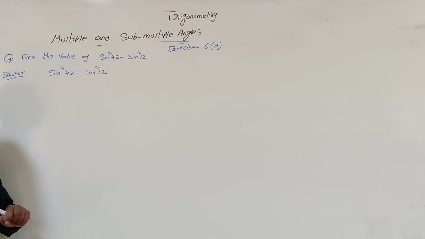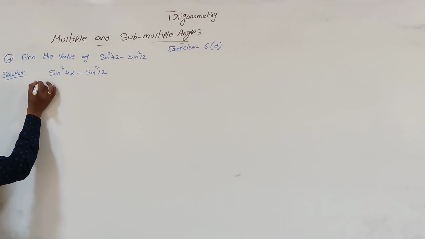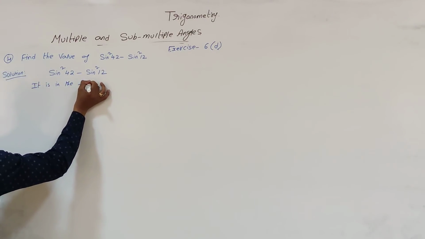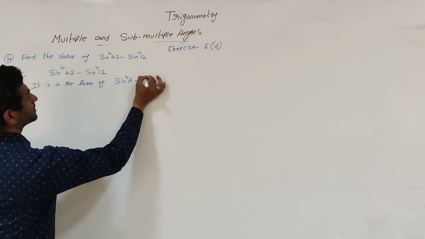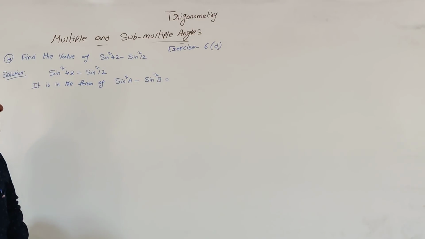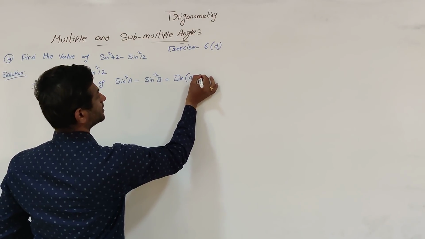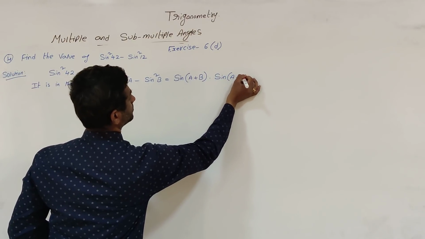It is in what form? 42 is A and 12 is B. It is in the form of sin square A minus sin square B. What is sin square A minus sin square B?